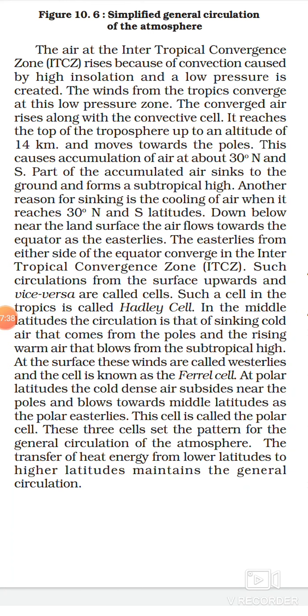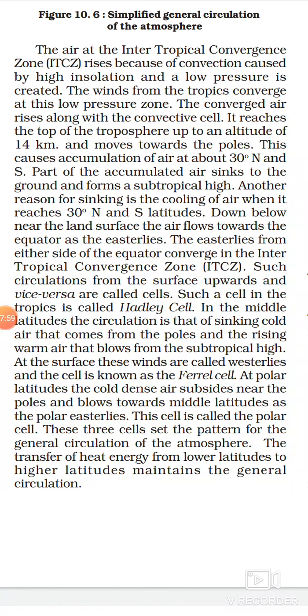The easterlies from either side of the equator converge in the intertropical convergence zone. Winds coming from the eastern hemisphere, the circulations from the surface upward and vice versa are called cells.